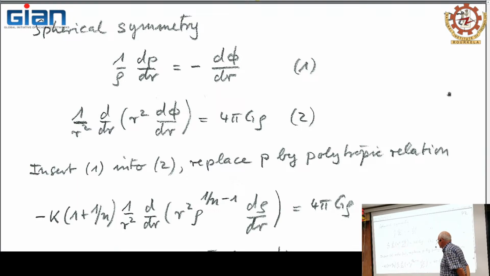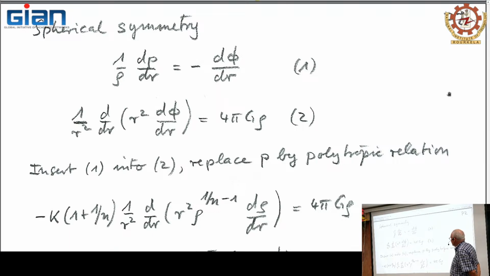And the spherically symmetric version of Poisson's equation results in 1 over r squared times d by dr of r squared d phi by dr. This is the radially symmetric Laplace operator, equal to 4 pi G rho.